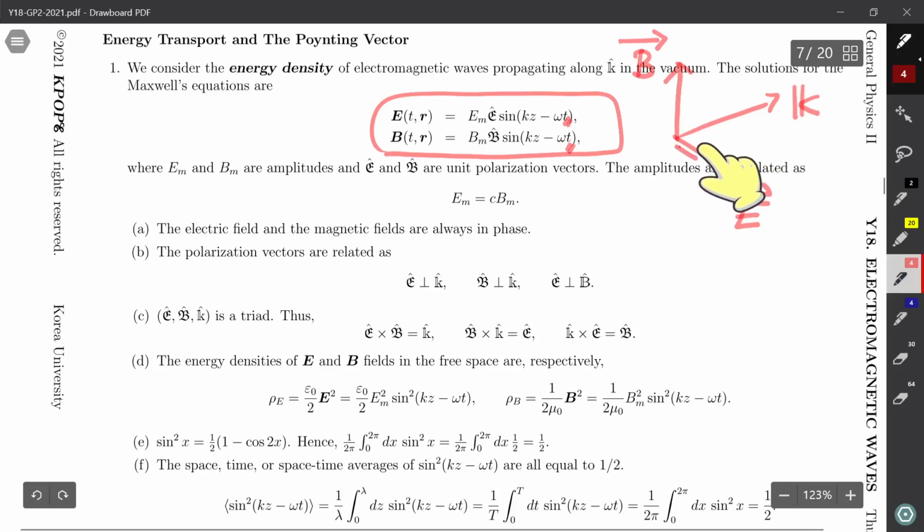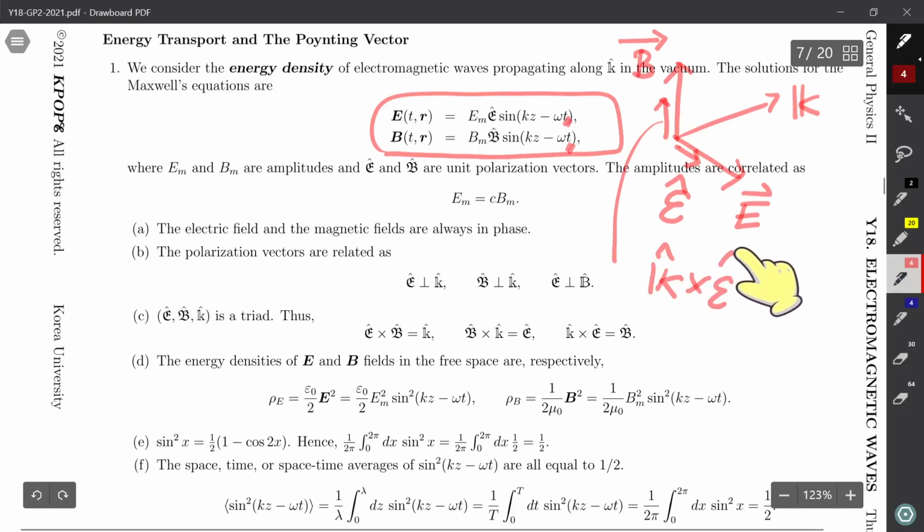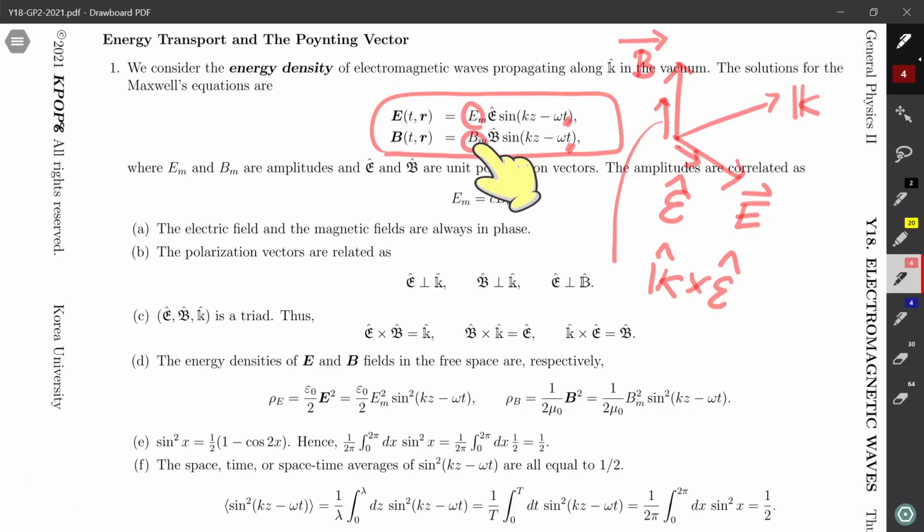And the unit vector is called the polarization vector, and the electric field and magnetic field polarization vector is k cross epsilon hat. And these are amplitudes.